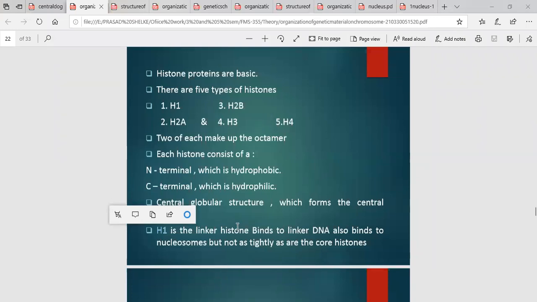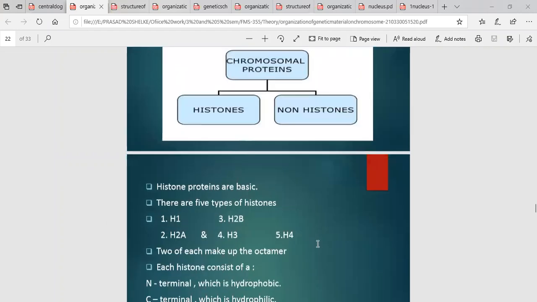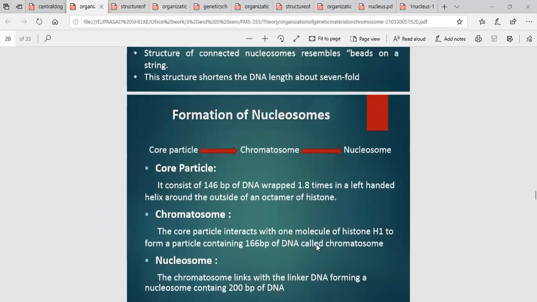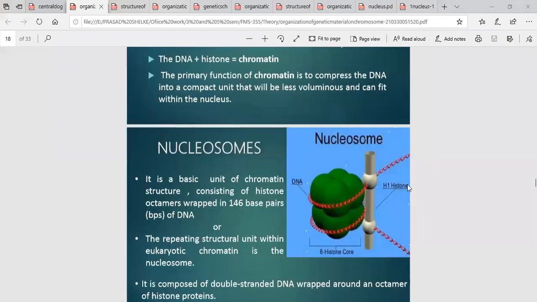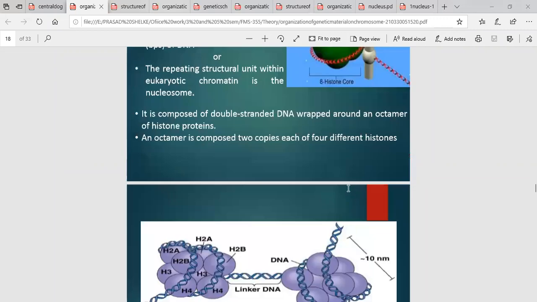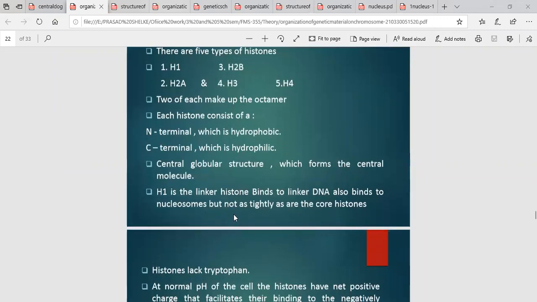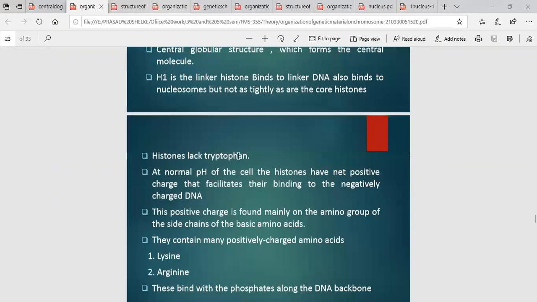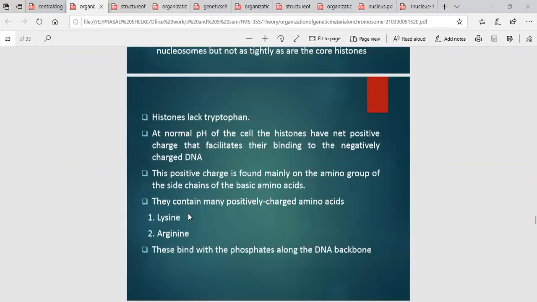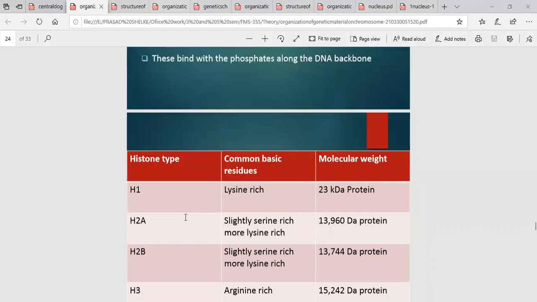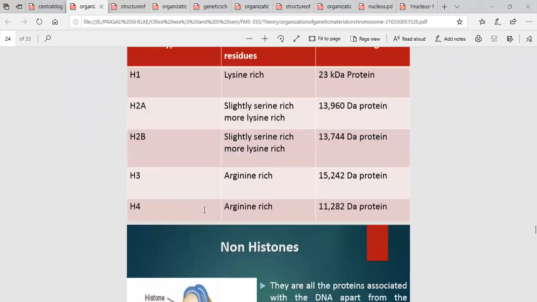It is a linker; it binds to the linker DNA and also binds to the nucleosomes, but not as tightly as the core histones. In the structure we see that the core histone proteins are surrounded, and this H1 histone protein acts as a linker between the DNA molecule and these core proteins. And then the histone lacks tryptophan. These are the characteristics of histone protein, but we need not go into details.